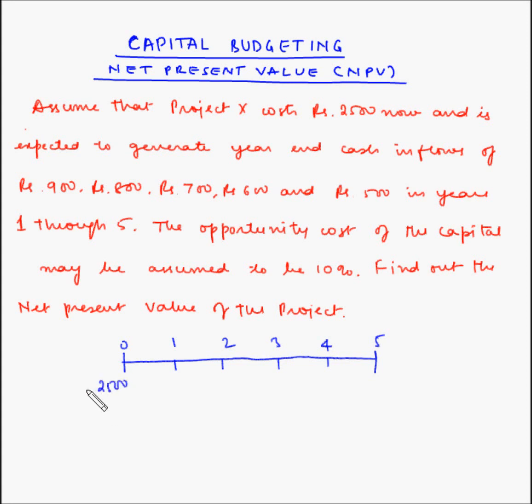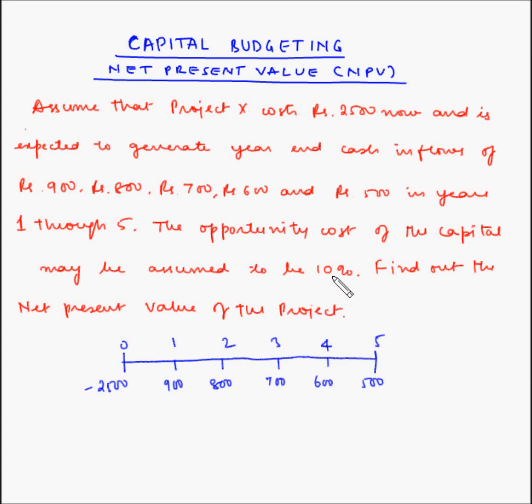So we'll show this with a negative sign, that it is an outflow, so it is coming out of our pocket. And the cash inflow is 900, 800, 700, 600 and 500. The opportunity cost of capital is given as 10%.